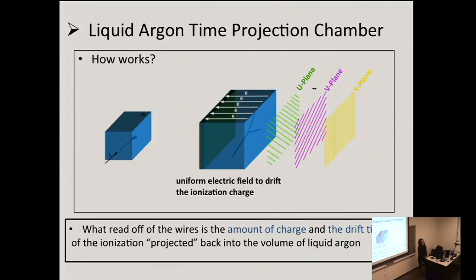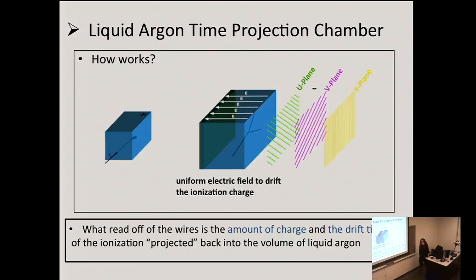The particles, with positive or negative charge, ionize the argon on the way through, so we have electrons as a result of the ionization. If we apply a uniform electric field, we can drift the electrons and see them on the wires, which shows up as a pulse on the wire.